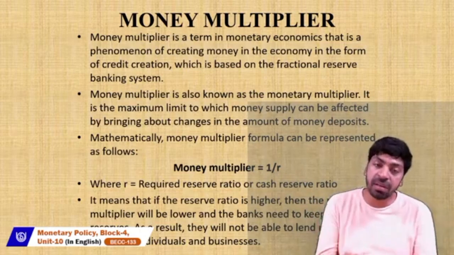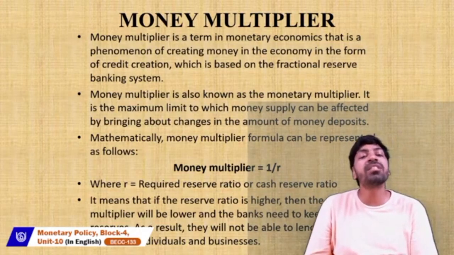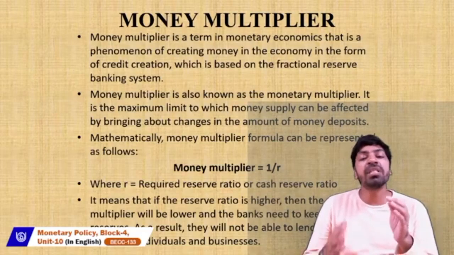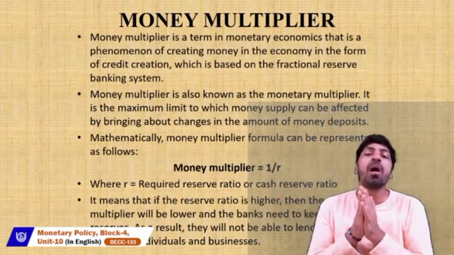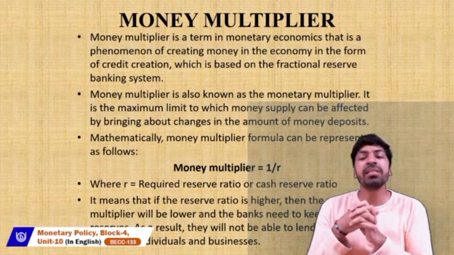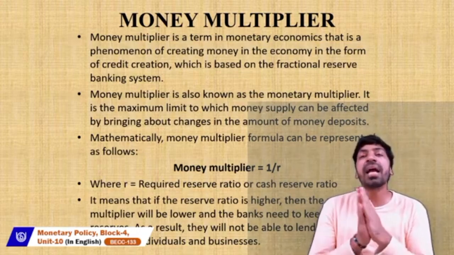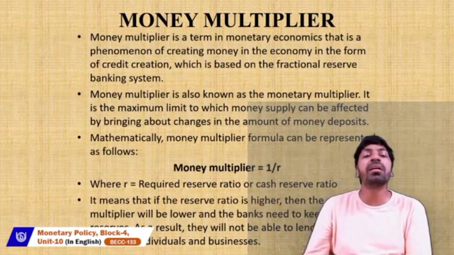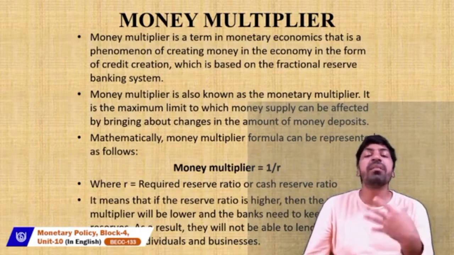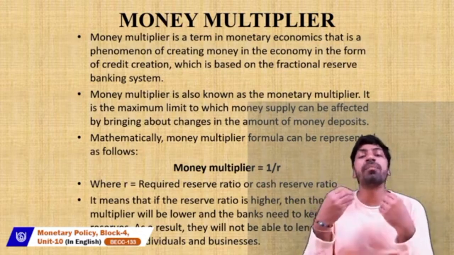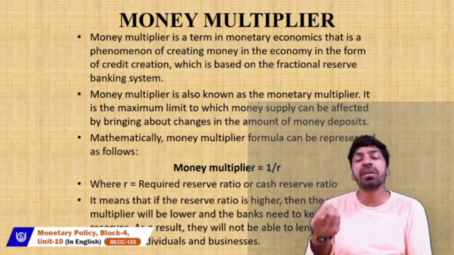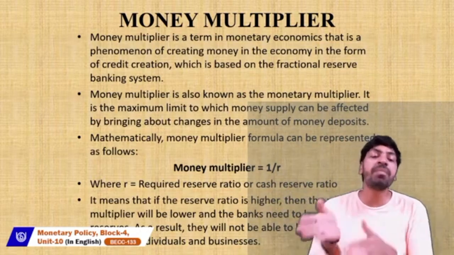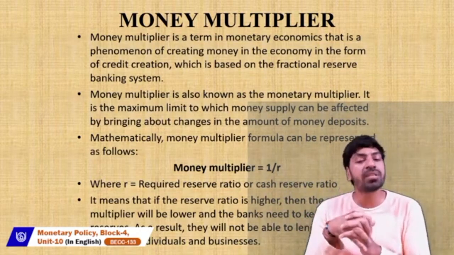In the case of the money multiplier, the formula is 1 by R. R, as I already explained, is one of the instruments of monetary policy, that is the cash reserve ratio, or in other words the required reserve ratio, where the banks hold a portion of money with the RBI. That is exactly called the cash reserve ratio.